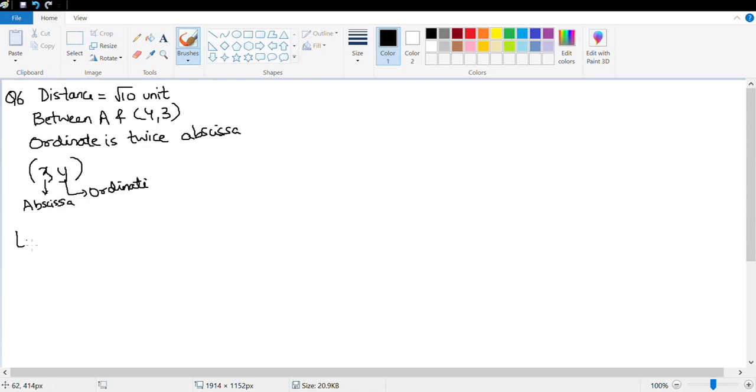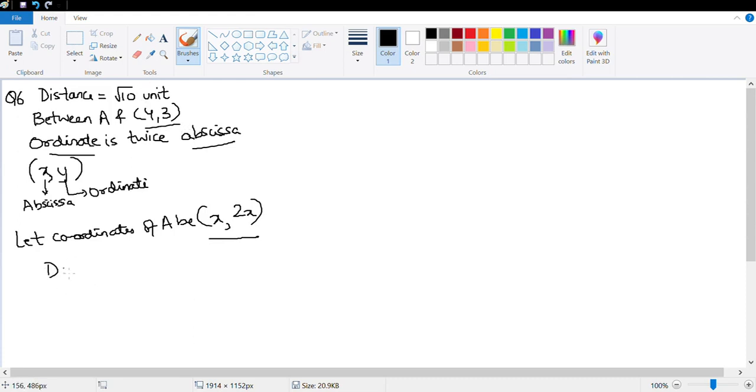So let's say the coordinates of A are (x, y). They say ordinate is twice abscissa. So abscissa is x, then ordinate is 2x, because ordinate is given equal to 2 times the abscissa. So now the distance between (x, 2x) and (4, 3) is given equal to root 10.